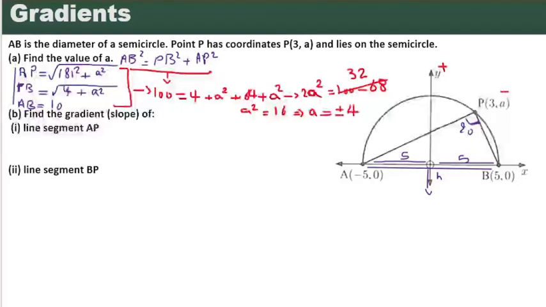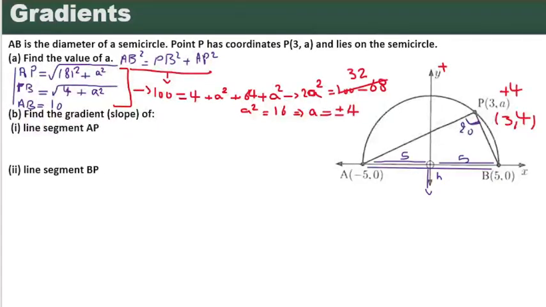So it would be positive 4. So the coordinates of P are (3, 4). I will go for part B that says find the gradient, slope, of line segment AP.